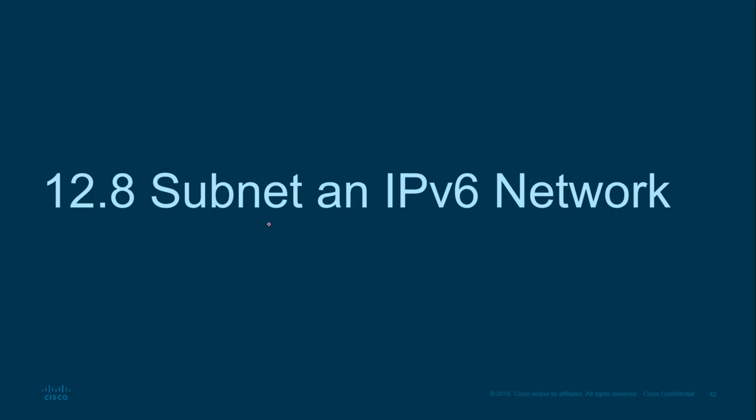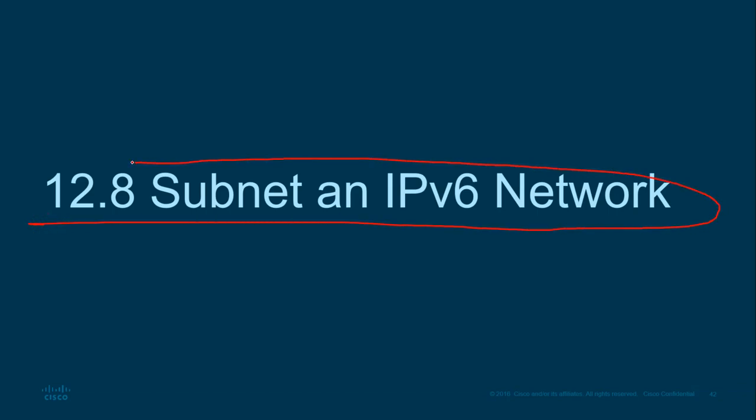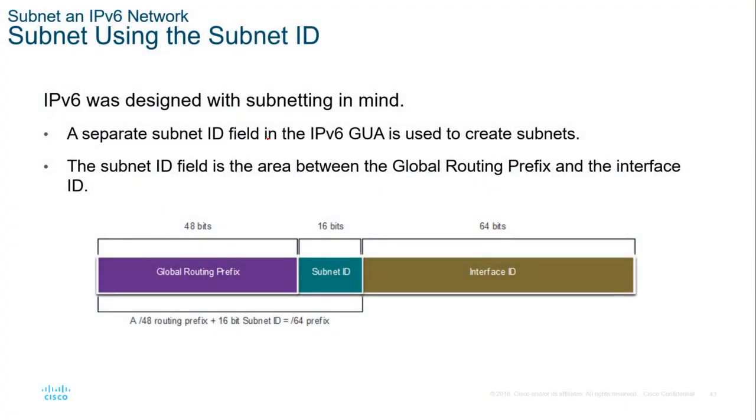Then subnetting, or how to subnet an IPv6 address. It is very easy when it comes to IPv6. Most of the time, you can subnet what you call the global unicast address.